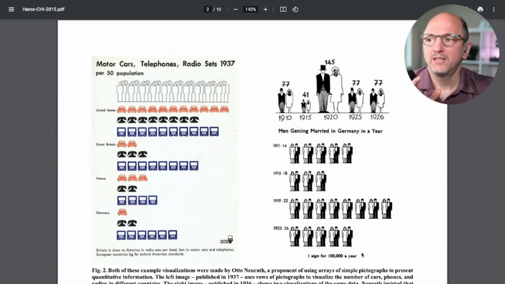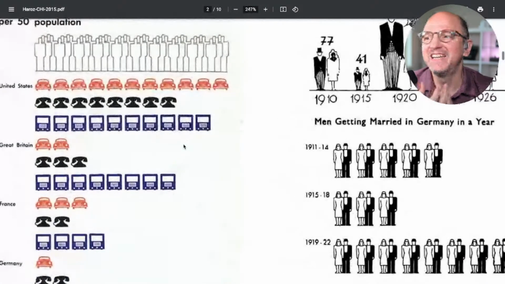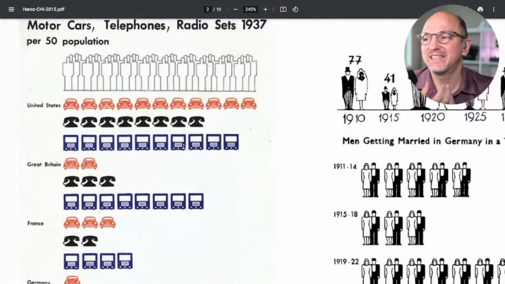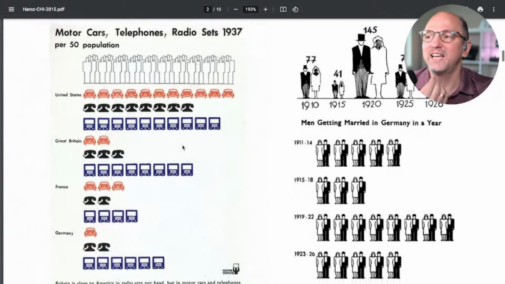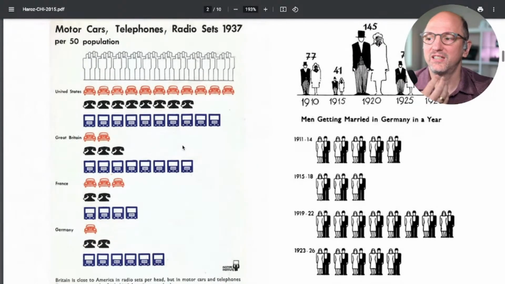And the reason for using these icons, so these were designed by Gerd Arndt, who is very, very famous in design circles, because he designed all these iconic icons, I guess, that have defined the visual language of modernist representations of all kinds of objects for a very long time.